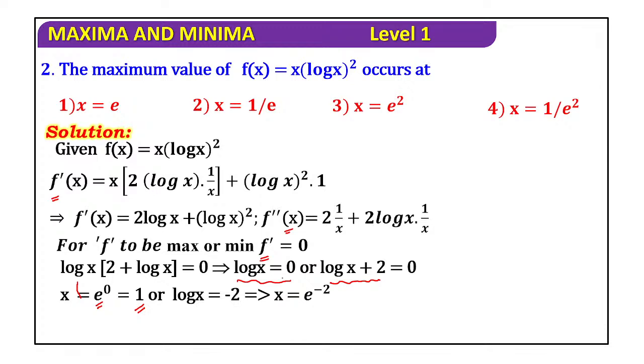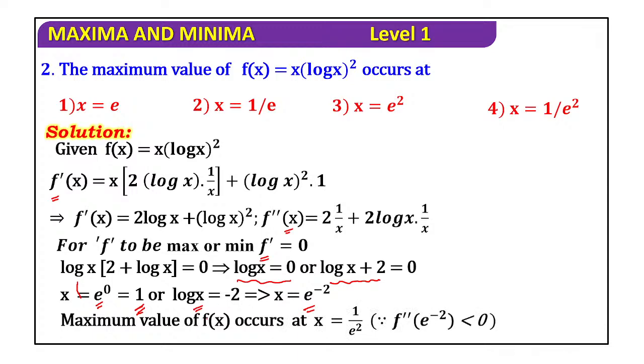In the same way, you can take log x equal to minus 2. That will be x equal to e to the power of minus 2. Therefore, x equal to 1 or x equal to e to the power of minus 2 is going to be your answer. You can just see that the maximum value exists at x equal to 1 by e square.